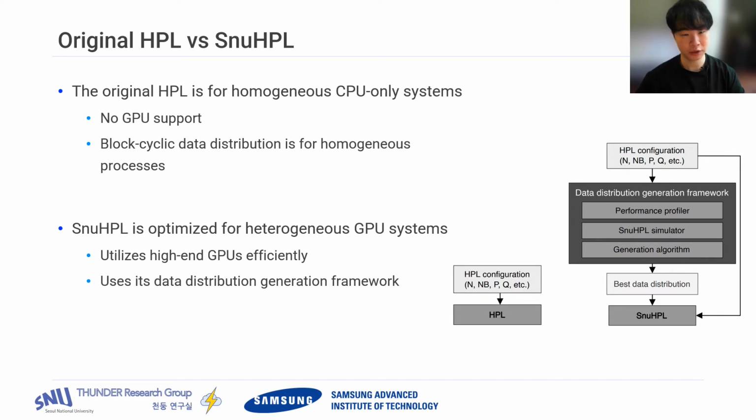With the intra-process optimizations, SnuHPL utilizes the high-end GPUs efficiently. Also, to deal with the heterogeneity of GPUs, SnuHPL uses its data distribution generation framework, which generates the best data distribution for given heterogeneous processes. The details of SnuHPL's data distribution will be explained when we present the inter-process optimization of SnuHPL.